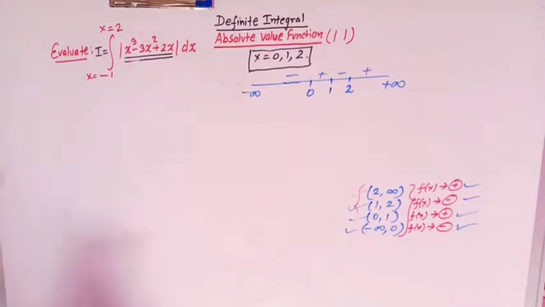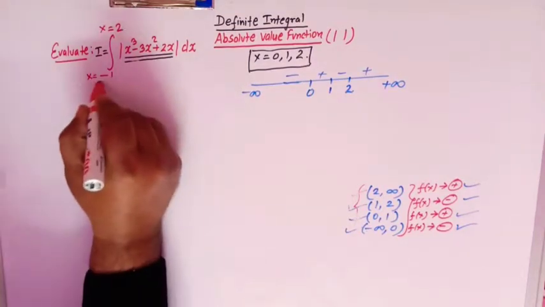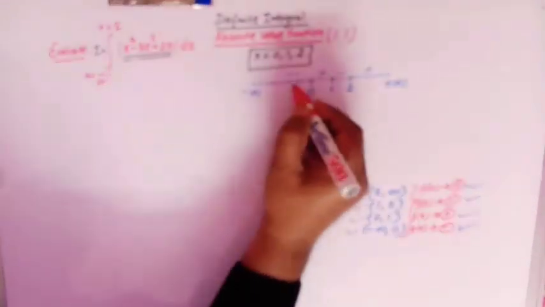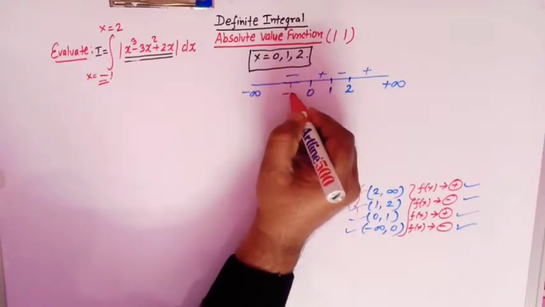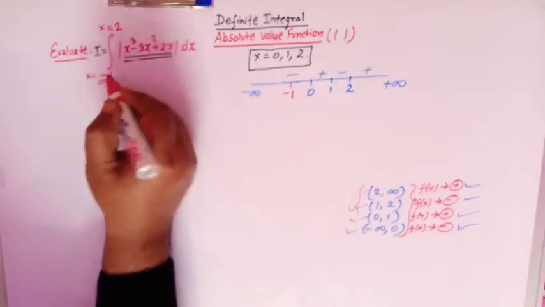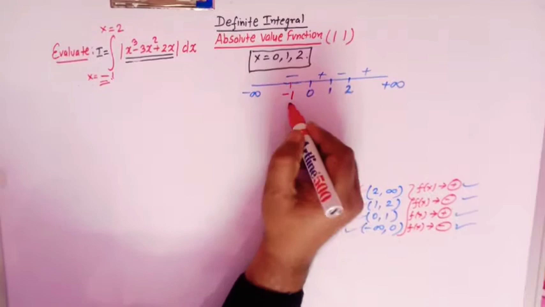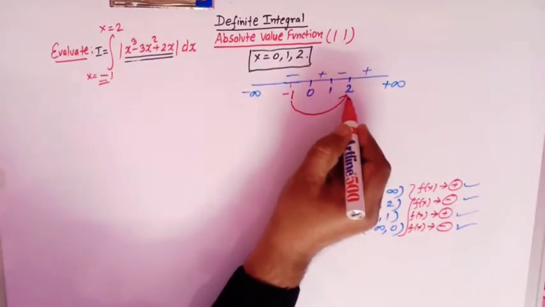So now viewers, let us now display our limit here. So minus 1, it lies somewhere here, right? And now we have to integrate from minus 1 to 2, right? We have to integrate from minus 1 to 2.